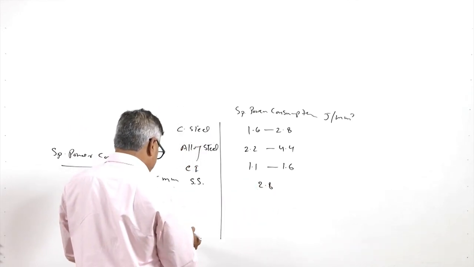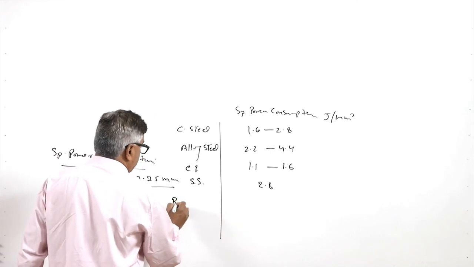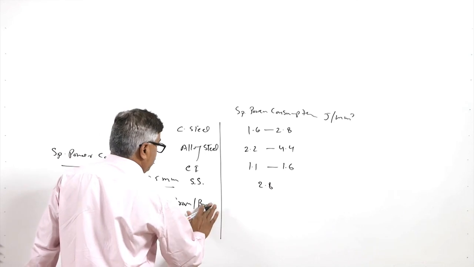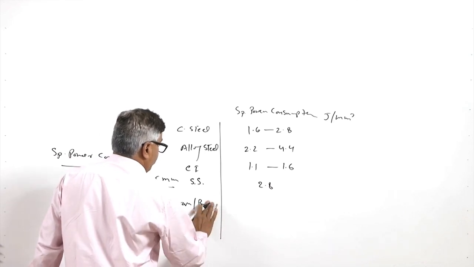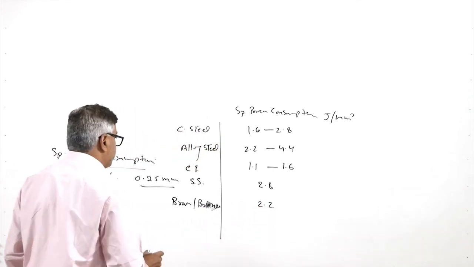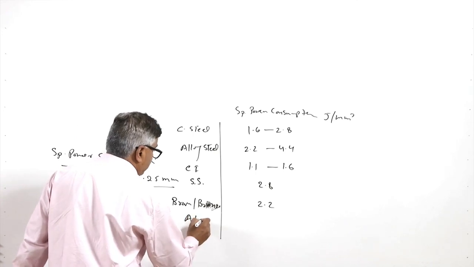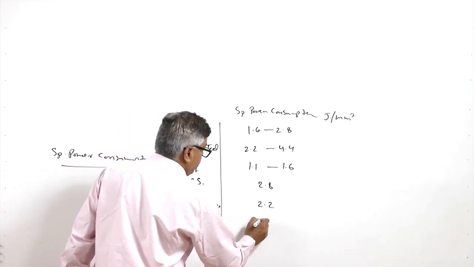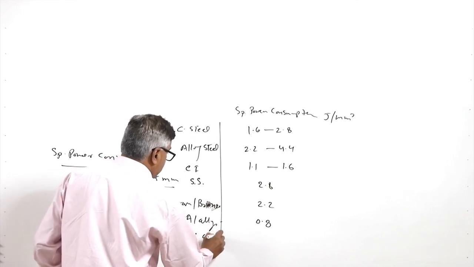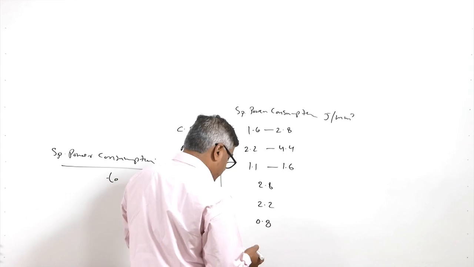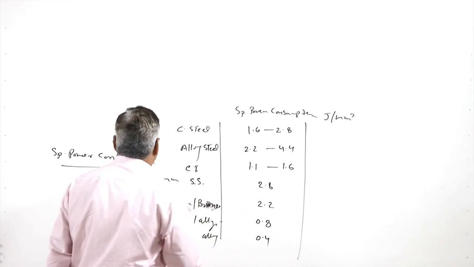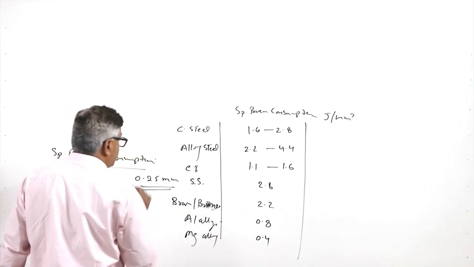For copper alloys like brass and bronze, it is found around 2.2 joule per mm cube. For aluminum alloys it is around 0.8, and for magnesium alloys it is further lower, around 0.4. These values are just to give an idea when the uncut chip thickness is this much.